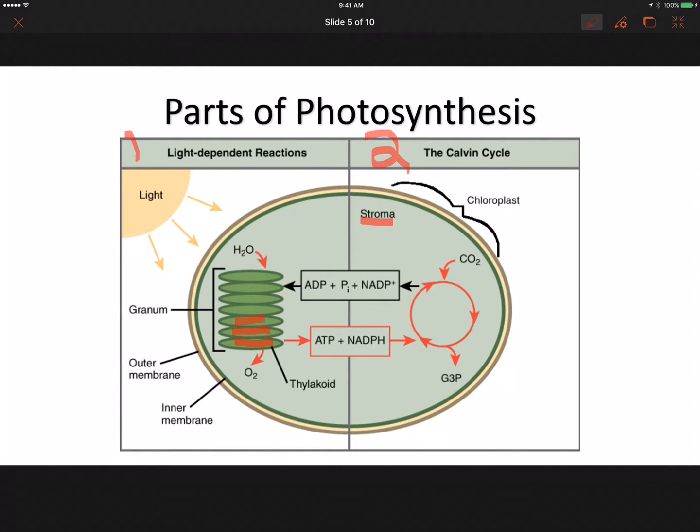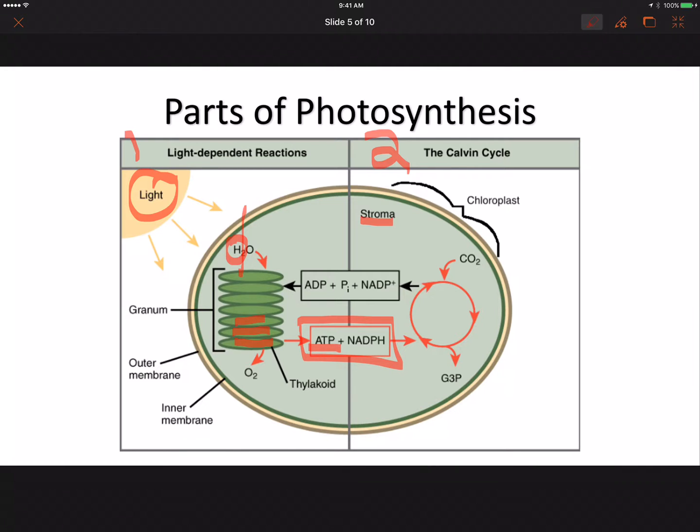Looking at our 2 parts, the light dependent reaction takes the sunlight, the energy from the sun, and it basically splits a water molecule in half, and it uses those hydrogens to produce some chemical energy in the form of ATP and NADPH.